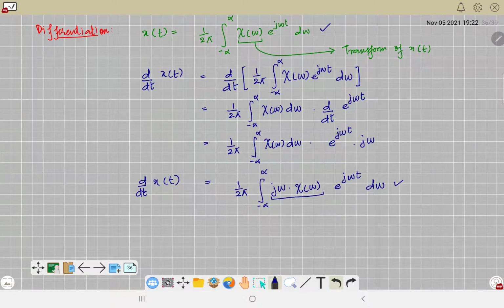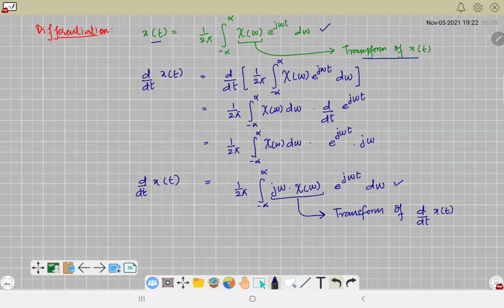This is the factor that modulates e raised power j omega t, and it is actually the transform of x of t. So by that logic, this is actually the Fourier transform of d by dt x of t. Right?